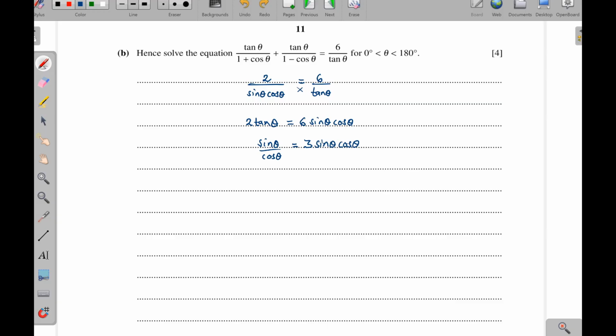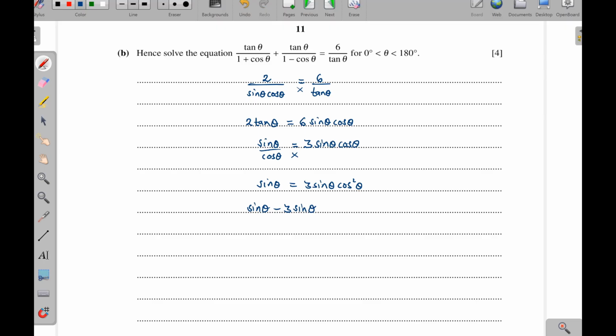You pull everything on one side, you factorize, okay? So you cross multiply. Here we shall get sine theta, which is equal to 3 sine theta, then cos squared theta, okay? Then from there, I can pull everything to this side. You can have sine of theta minus 3, but cos squared theta can be written in terms of sine theta, not so.